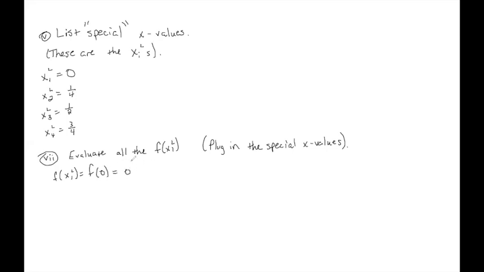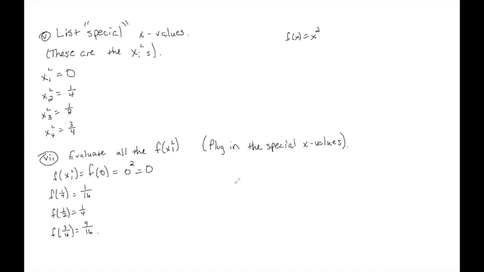Remember that our function was x squared. So this is just equal to 0. And then we have f of 1/4, that's 1/16. f of 1/2 is 1/4. And f of 3/4 is 9/16.